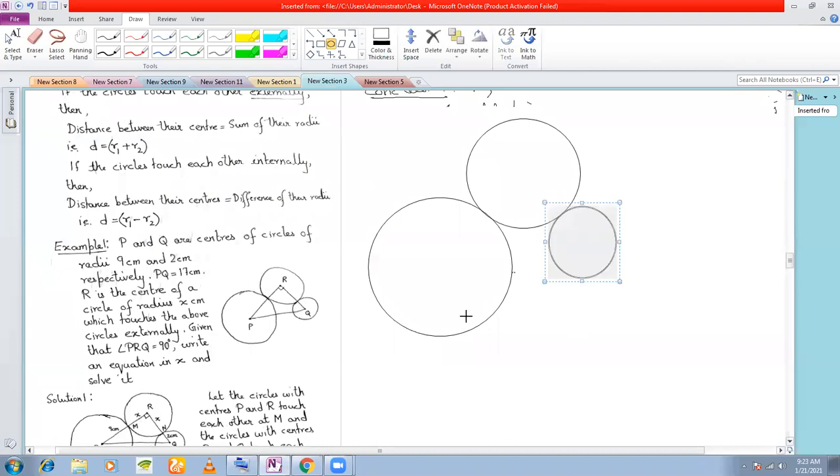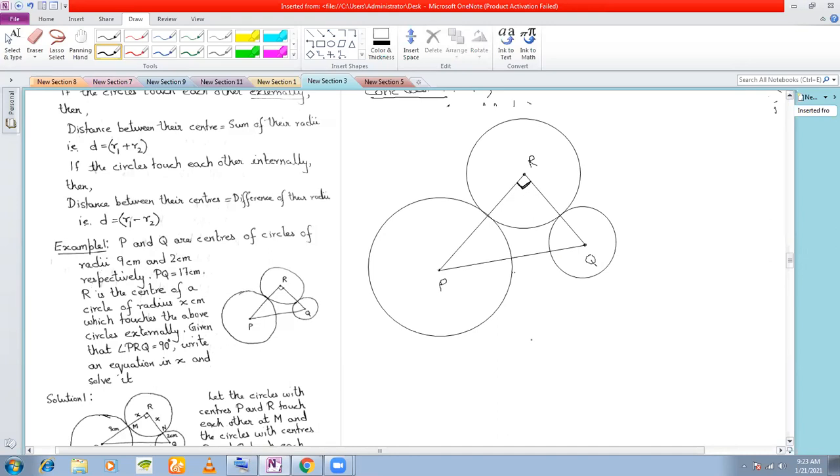This is the kind of diagram that has been given. These three circles have centers P, this center is R, and this center is Q. And these are joined. This diagram is given to you.